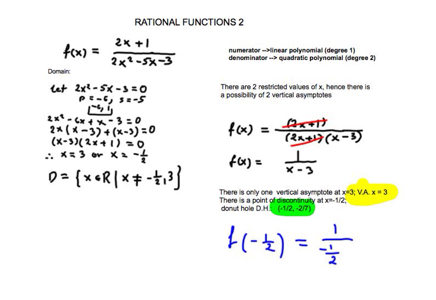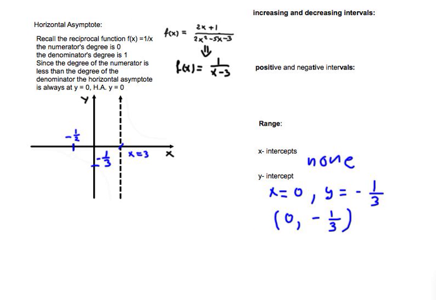So this is why you use the 1 over -1/2 minus 3, and in the process you're going to get -2/7. So this is the y coordinate of that donut hole, of that point of discontinuity. Okay, so now we'll have to find x-intercepts, y-intercepts, and create a graph.